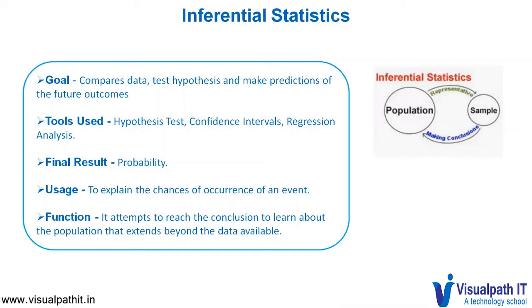Inferential statistics compares the data, tests hypotheses, and makes predictions of future outcomes. The tools which we normally use here are hypothesis tests, confidence intervals, regression analysis, and majorly we use probability theory.